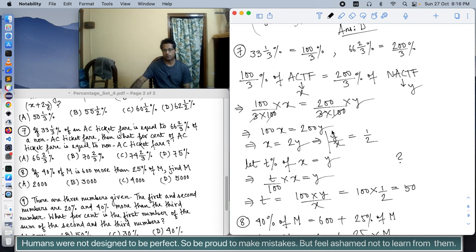So we will need the value of y by x. Now it is asking what percent of AC ticket fare is equal to non-AC ticket fare.